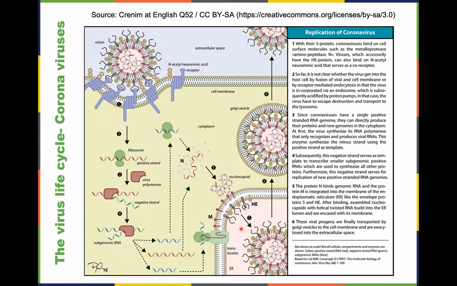So everything is made within the endoplasmic reticulum and then into the Golgi, and then a Golgi vesicle is made, which is going to fuse with the plasma membrane and spit the virus out. So as you can see, its life cycle and its shape, its components, the way the virus is made is quite different from the flu virus.